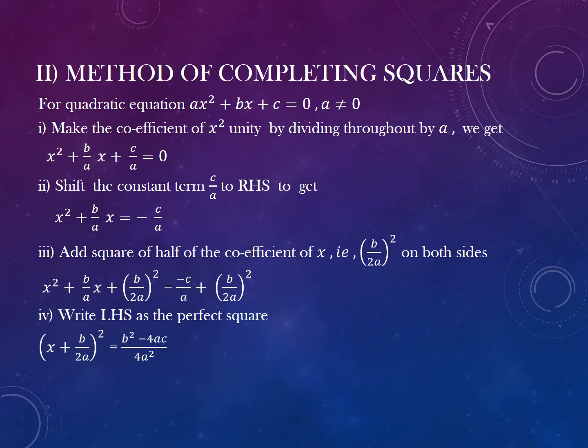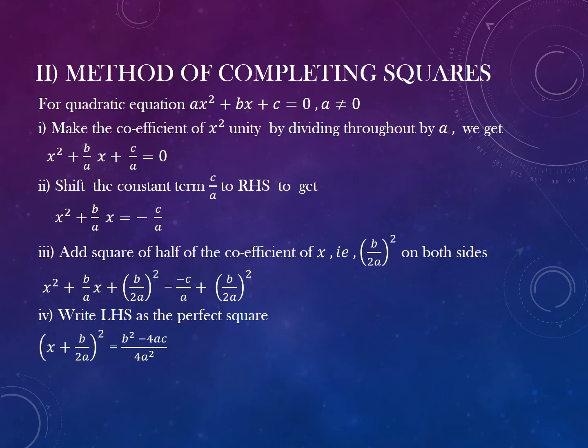Now we are going to add this (b/2a)² on both sides of the equation. So our equation becomes x² + (b/a)x + (b/2a)² = −c/a + (b/2a)².